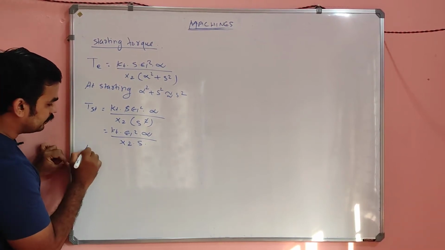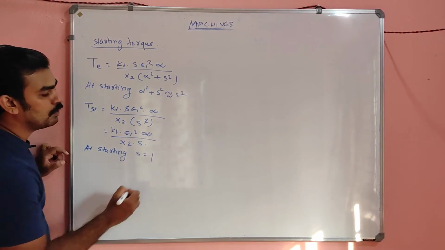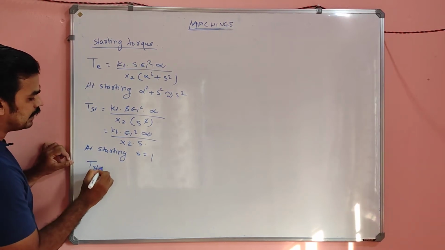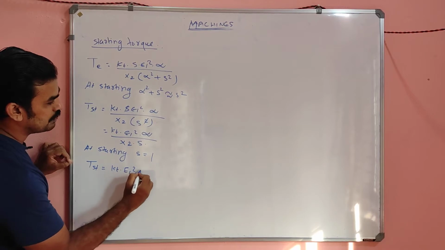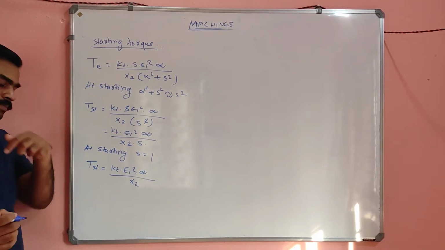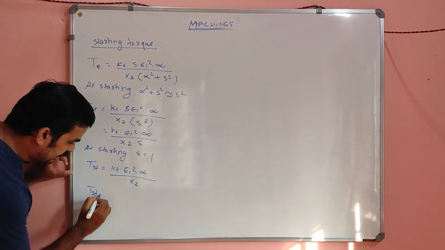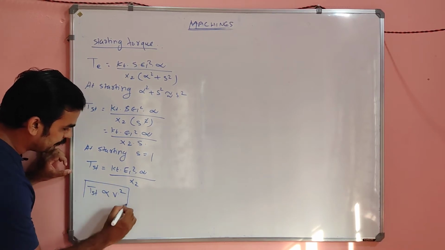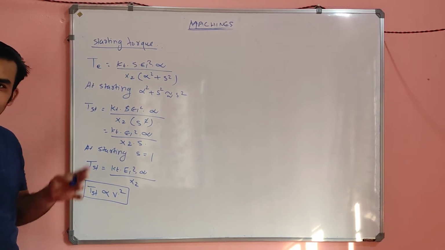And at starting, the value of S will be nearly equal to 1. So T start will be equal to KT into E1 square into alpha divided by X2. So I can write that T start is proportional to V square, because E1 is directly proportional to V1, the applied voltage.